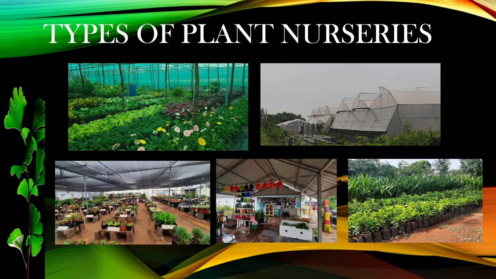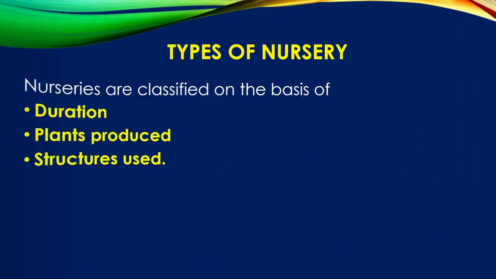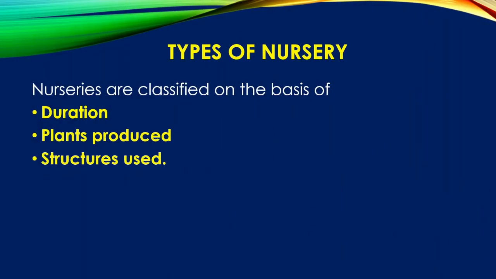So, there are different types of nurseries catering the needs according to the requirement. Nurseries are mainly classified on the basis of duration, plant produced, and structures used. Let us discuss them in detail.